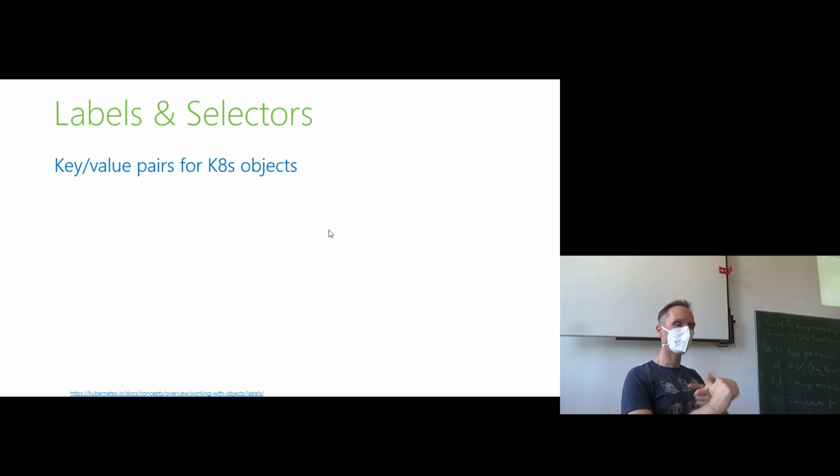Now we have talked about pods, about services, about replica sets, and about deployments. Now we have to talk about how they work together, because it works completely different from what you might be used to from traditional networking. Let me ask you a question. If you have 2 services outside of Kubernetes and one service would like to talk to the other service, how does one service communicate with the other?